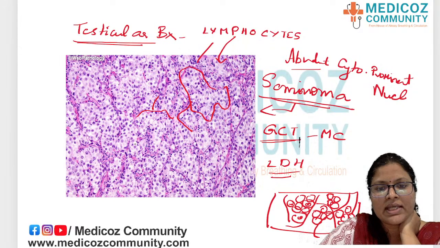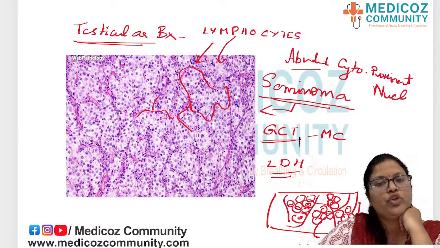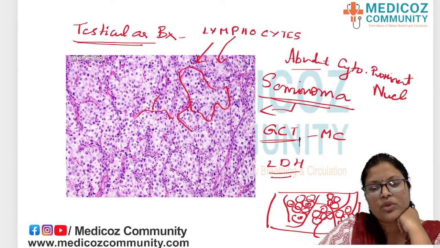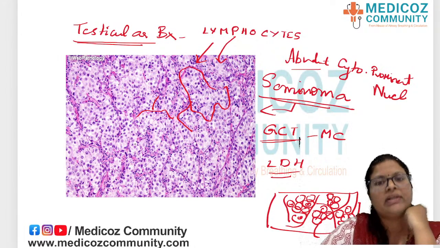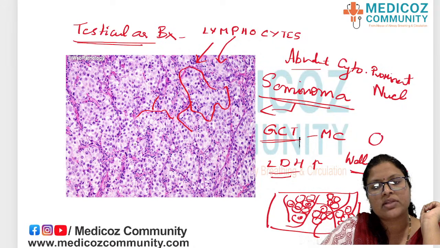So if you are seeing a sprinkling of lymphocytes with lobules of tumor cells with prominent nucleoli, then they are hinting toward seminoma. The history will usually say he has raised LDH and a well circumscribed lesion. When they do testicular imaging, there is a well circumscribed lesion in the testis. So they are talking about seminoma, right?